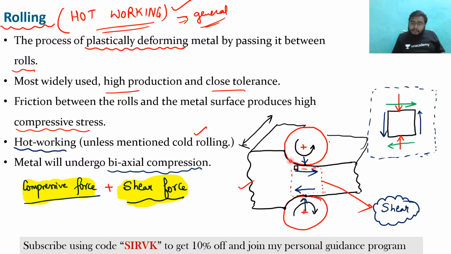So this much part of the metal will be pushed in which direction? It will be pushed in this direction. Now see, it is also rotating in this direction. So when it will be rotating in this direction, okay, just a minute.